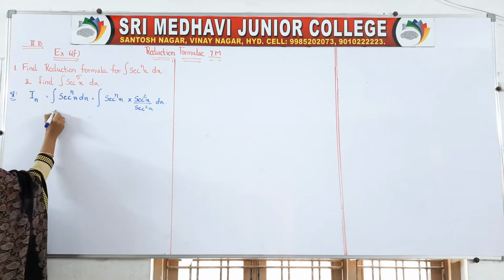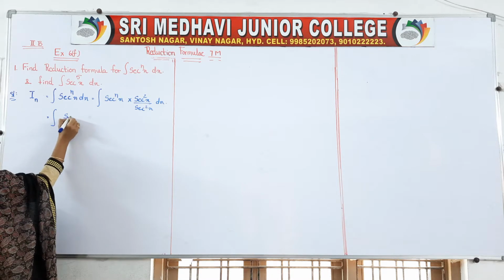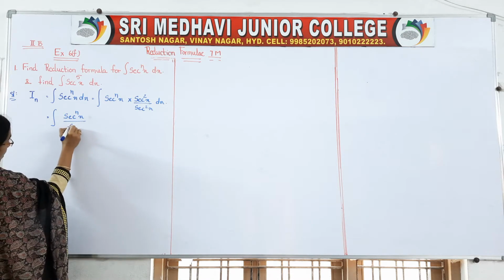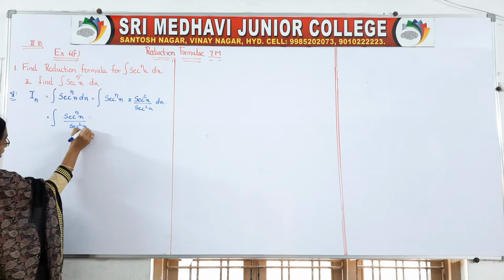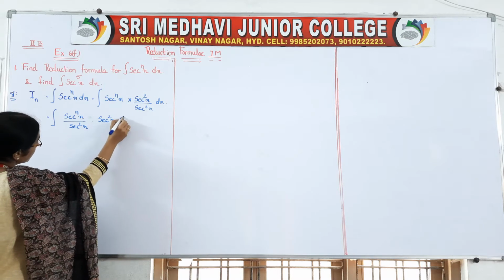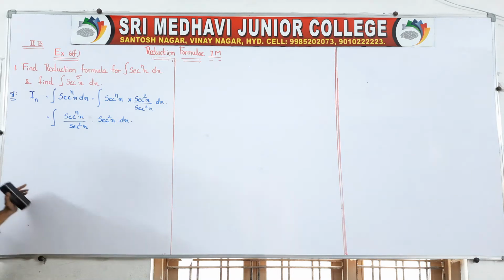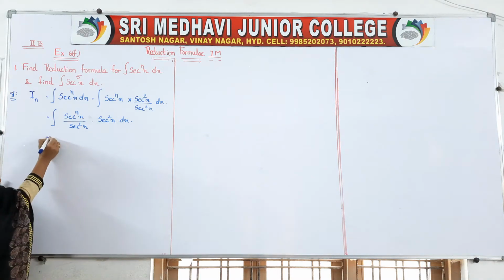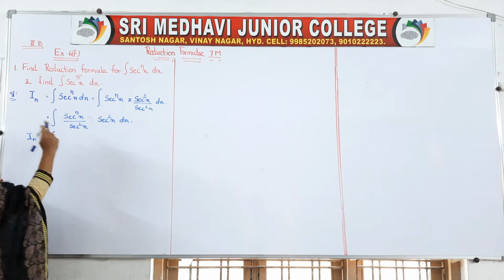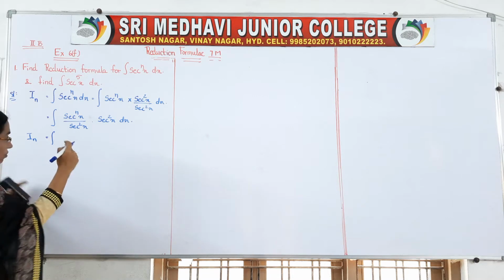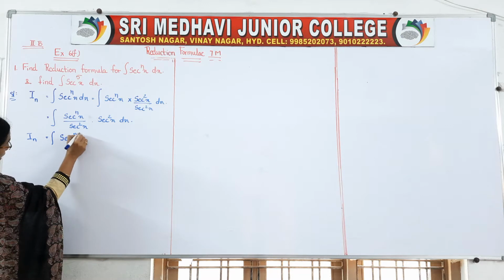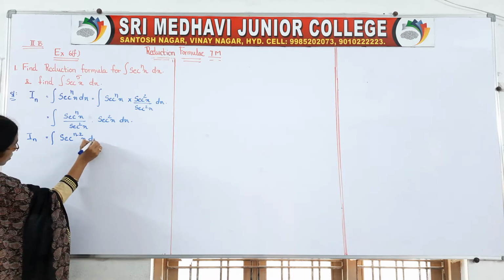So I n is equal to integral, come on, we can write this as secant to the power of n x by secant square x into secant square x dx. Okay, so this is your I n, right? Using a to the power of m by a to the power of n is a to the power of m minus n, we get secant to the power of n minus 2 x into dx.